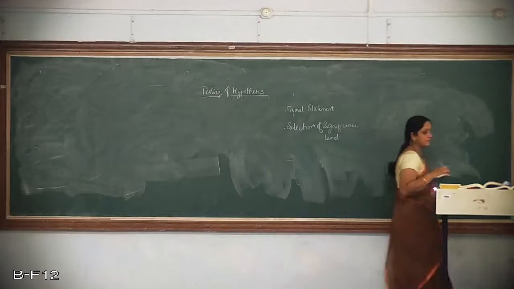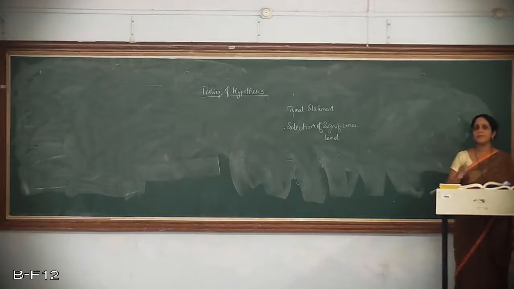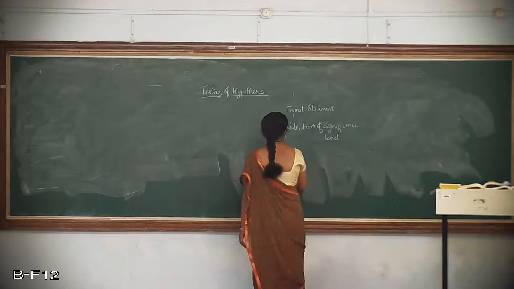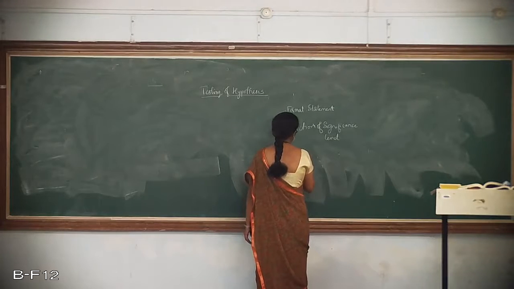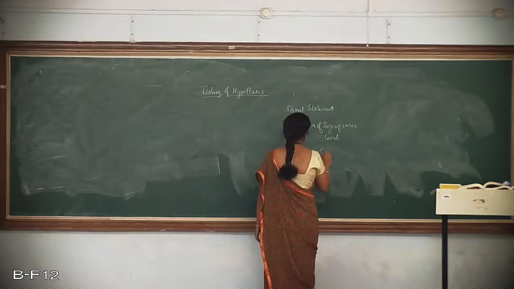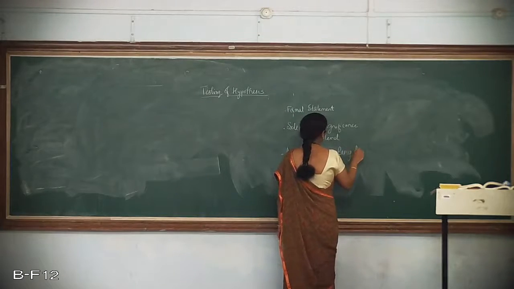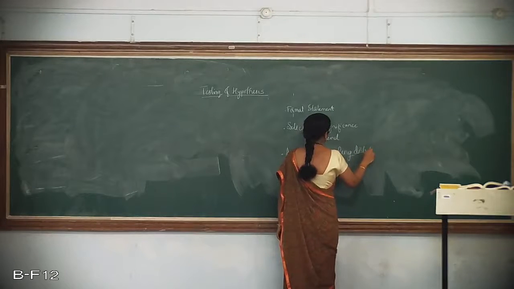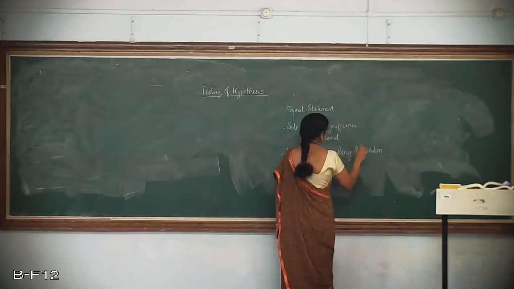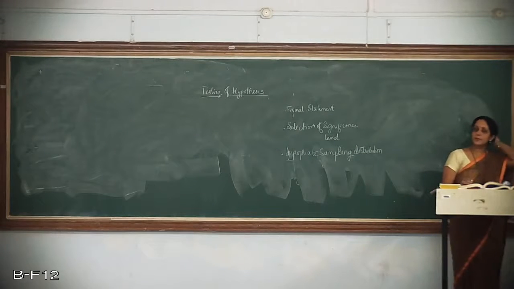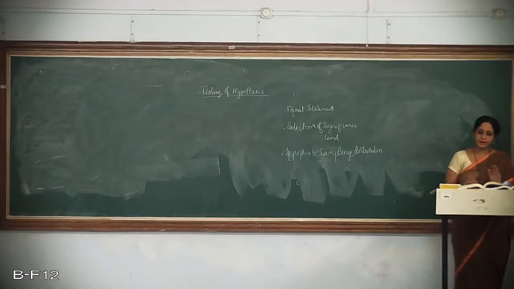Then determination of the appropriate sampling distribution. Once this is done, go for selection of a random sample, compute the sample characteristics, and thus determine the critical region for rejecting the null hypothesis, that is H0.